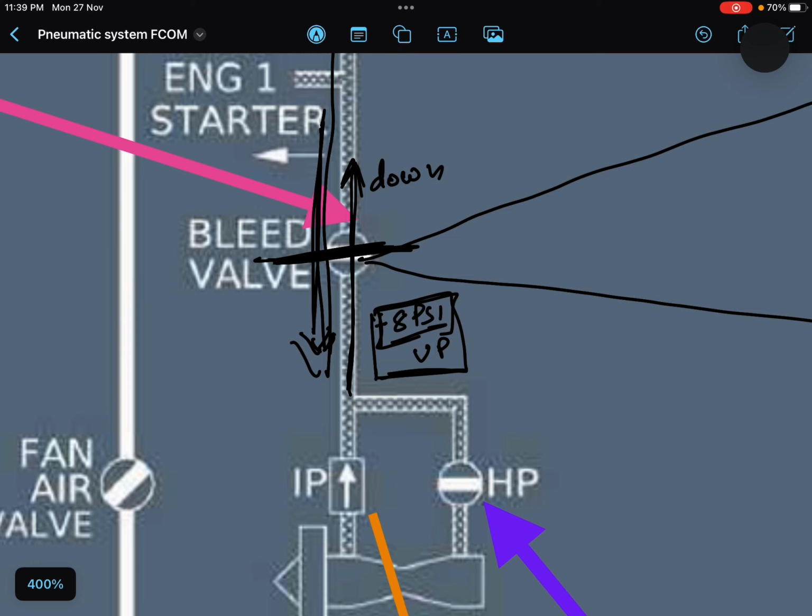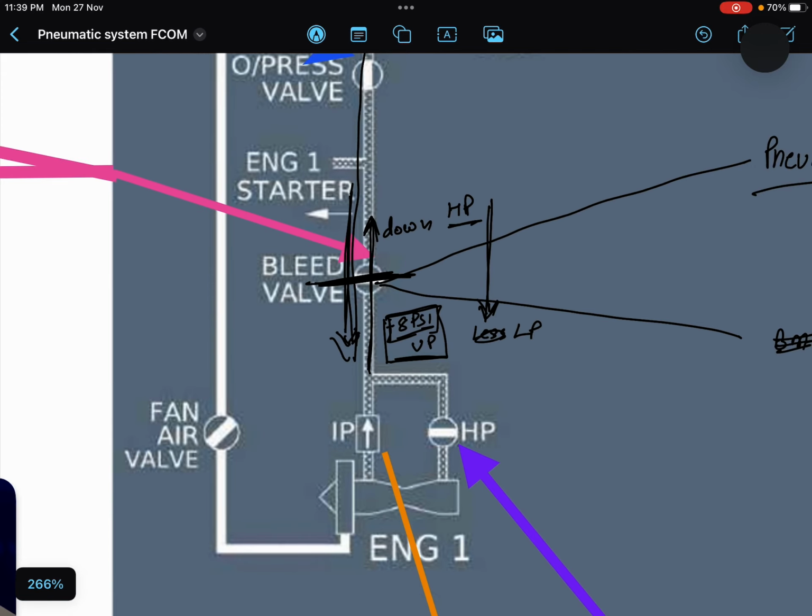If there is low pressure over here and high pressure over here, air will move from high to low, like this. So reverse flow will occur indirectly. Both statements are the same. So this is the pneumatic closure.